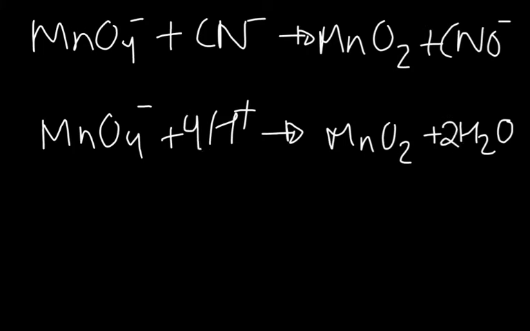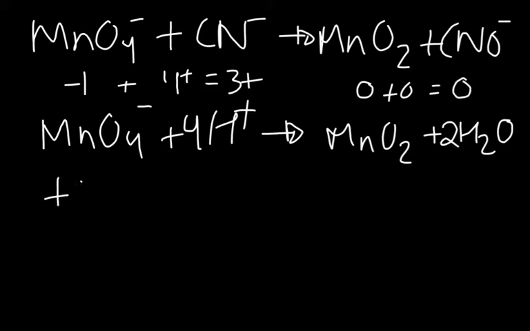Now to balance charges, we have to add 3 electrons to this side of the equation to balance that plus 3 charge acquired from the hydroxide ions in order to have a net charge of 0.